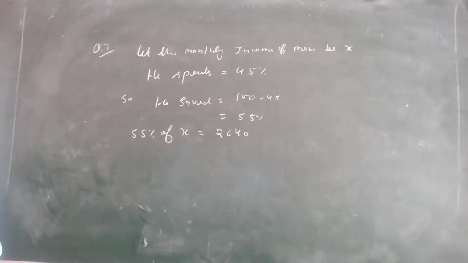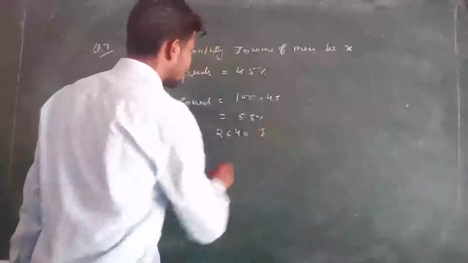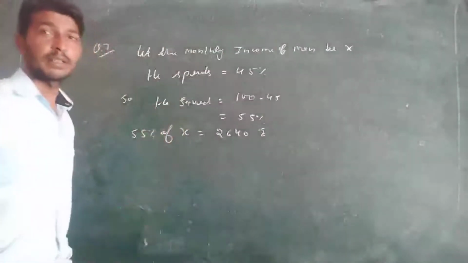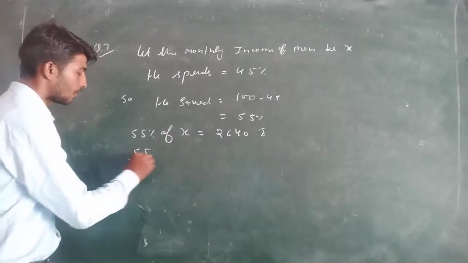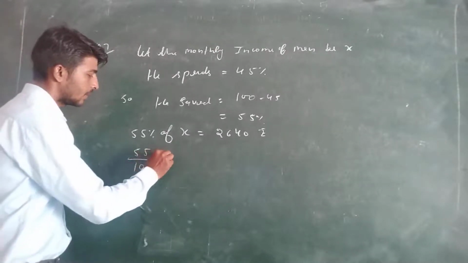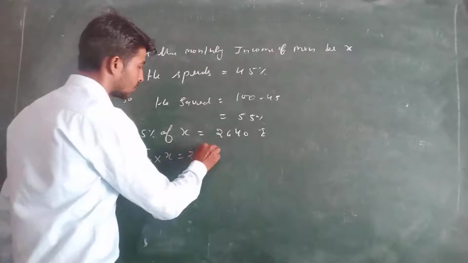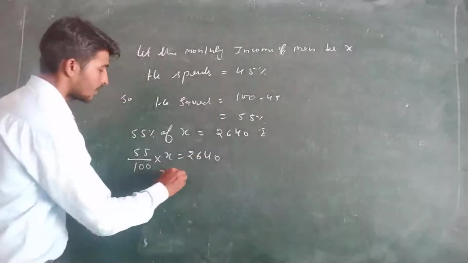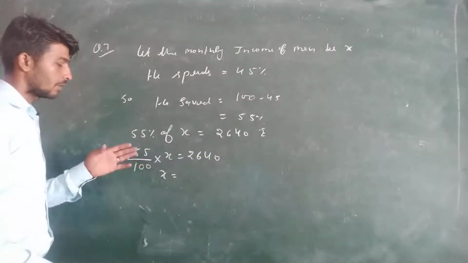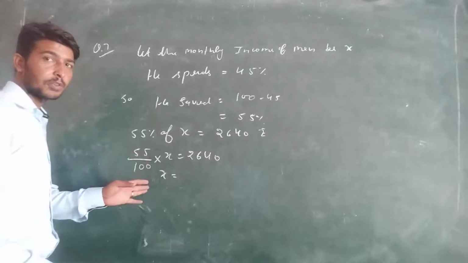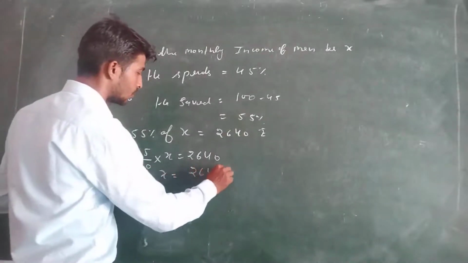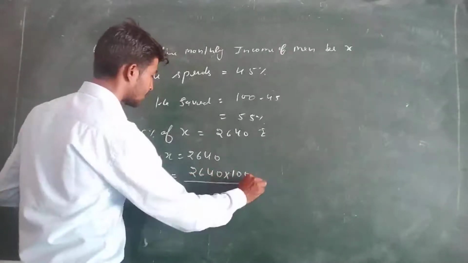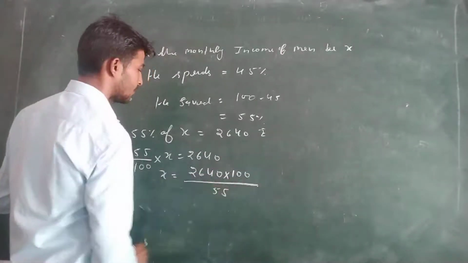Okay, 2640, yeah. He saved this amount from his income. So 55 upon 100 into X is equal to 2640, and you will find the value of X from here. So X is equal to 2640 into 100 upon 55.